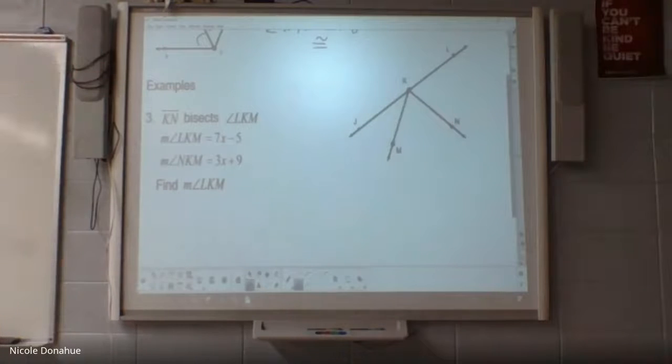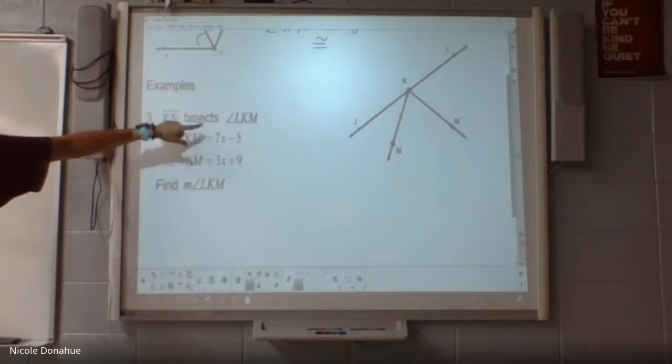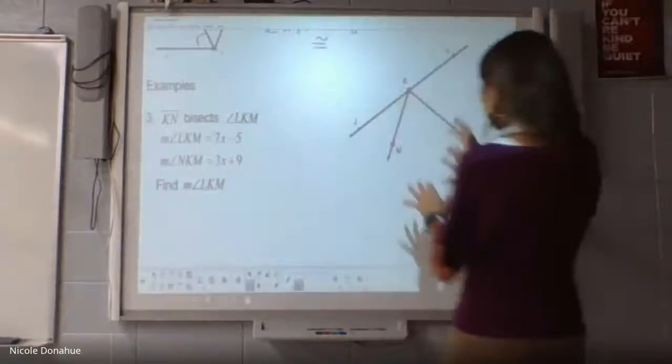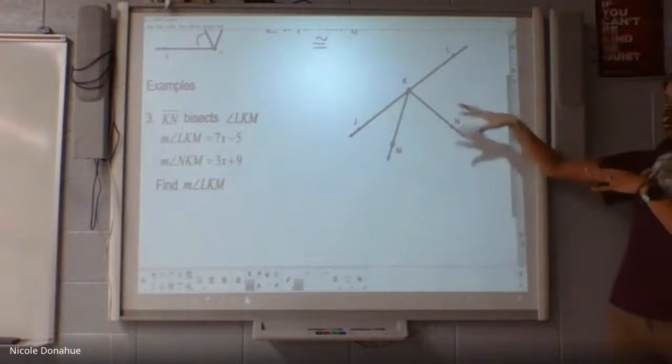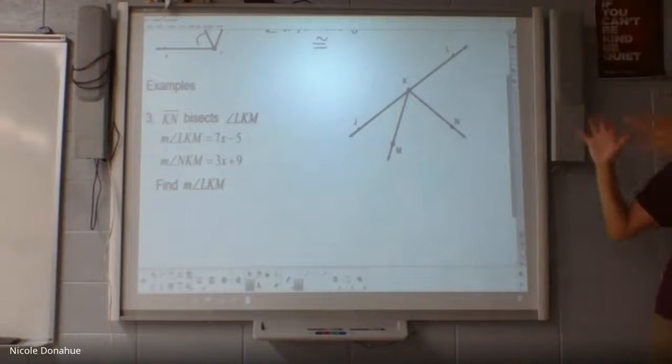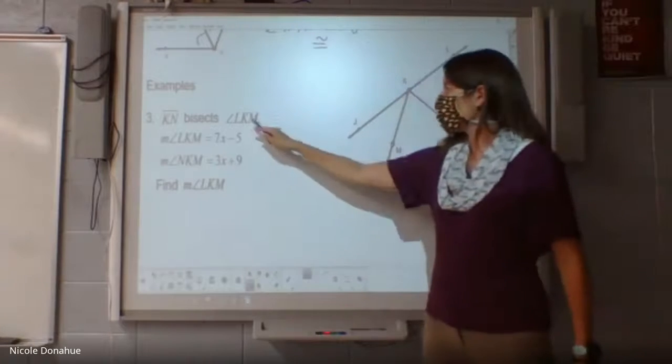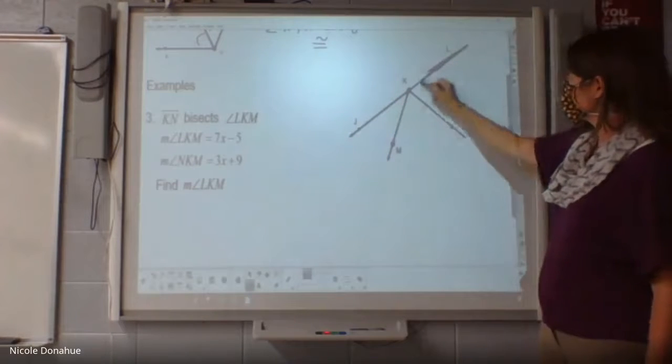All right, so they tell me that KN bisects LKM. If you notice, there are three different big angles here, and you can talk about different sets of angles. LKM, L to K to M, is this one.